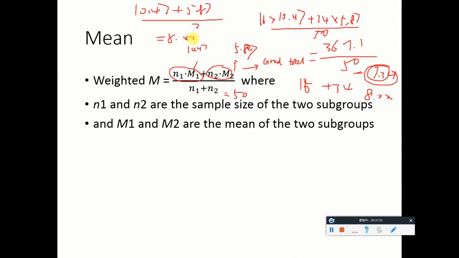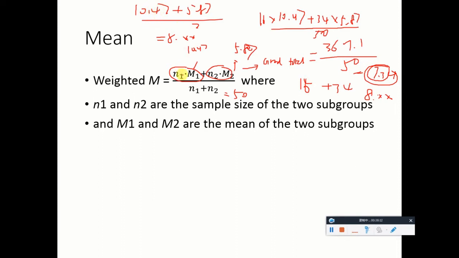So if we compare these two, the wrong mean and the correct mean, you will notice that the wrong mean is slightly larger than the correct mean, and larger in the direction that favors the murder rates of the southern states.